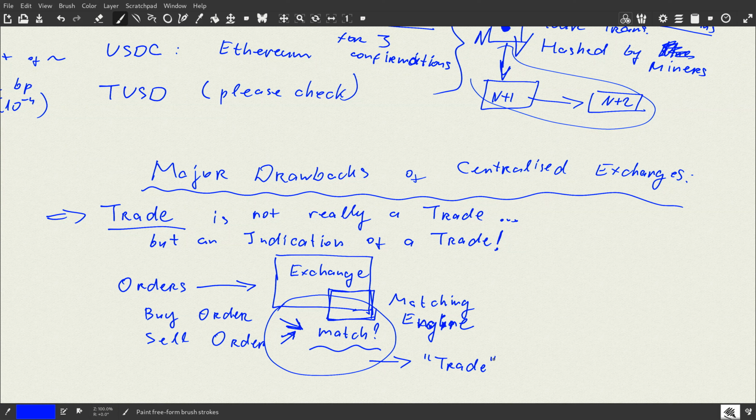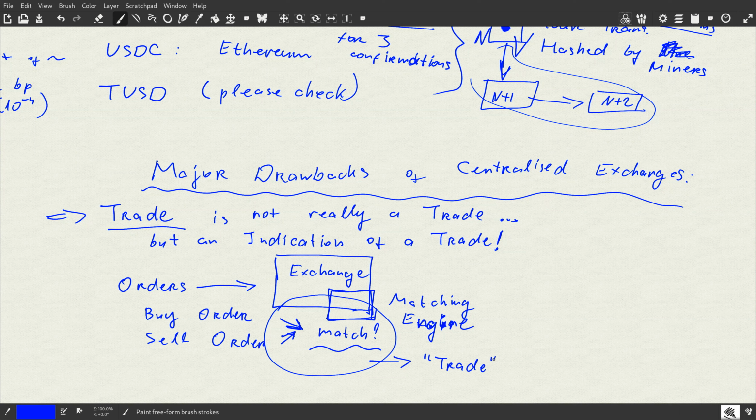The matching engine decides that this buy order and this sell order match, and therefore there would be a trade between the market participants. But at this moment, when a match occurs, there is absolutely no real funds transfer between buyer and seller.